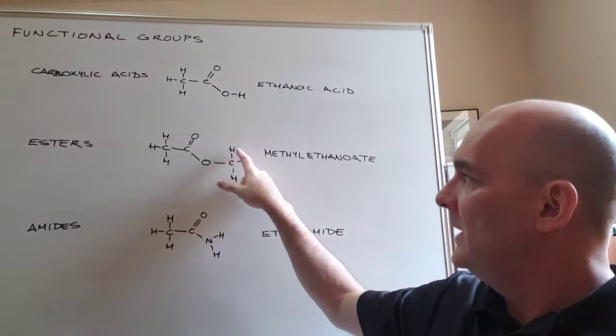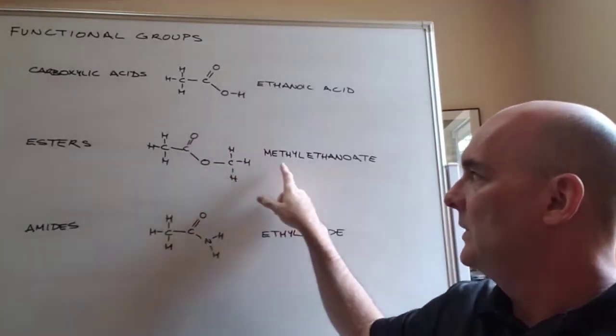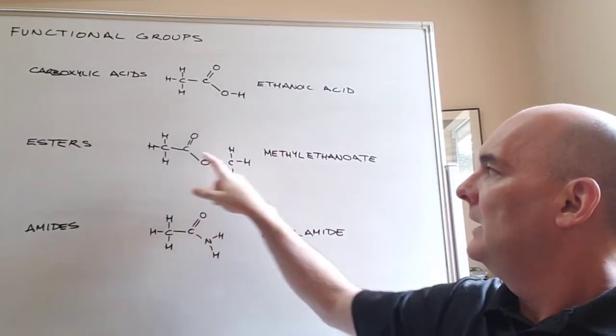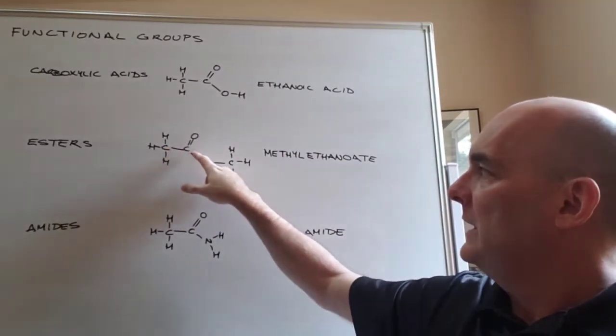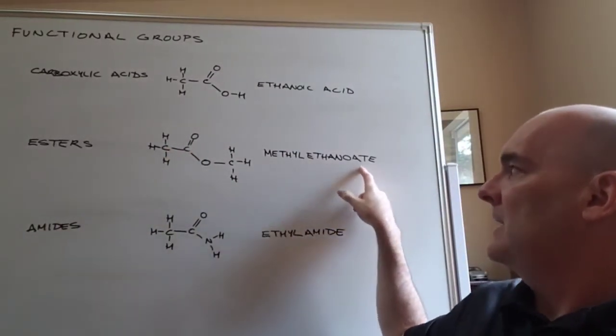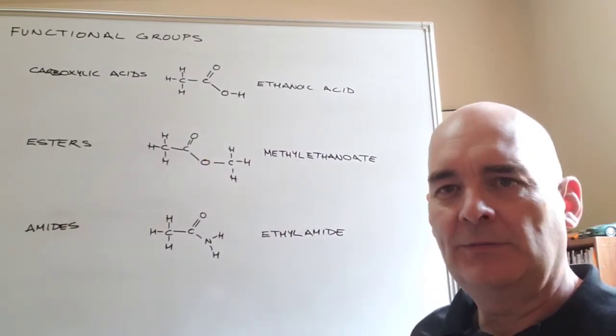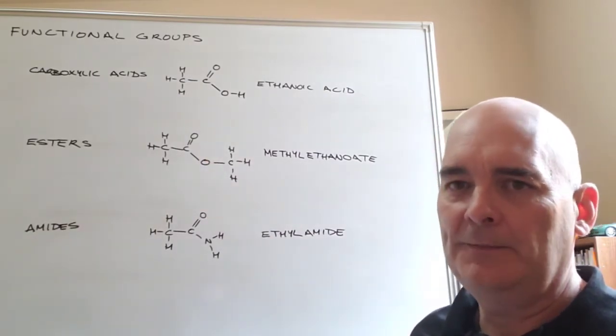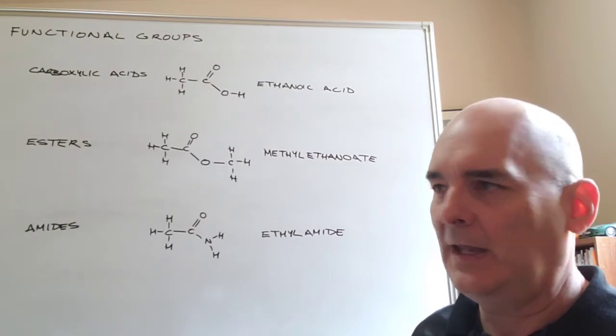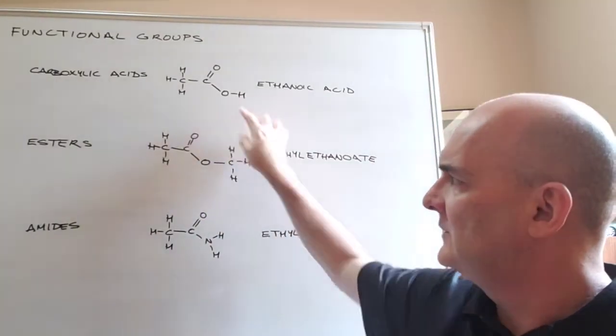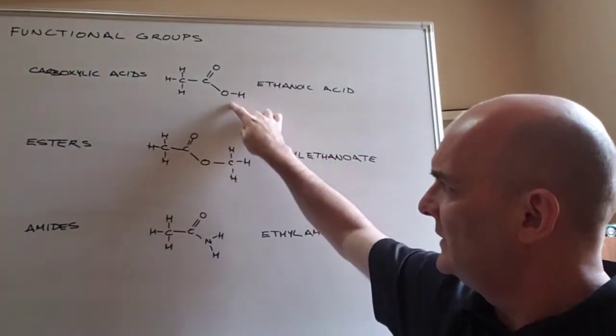And we name this as a substituent, that's the methyl, and then we name the long chain ethanoate. I want you to recognize esters, not particularly need you to name them. Just recognize that they are different than carboxylic acids because of the attachment of this carbon.